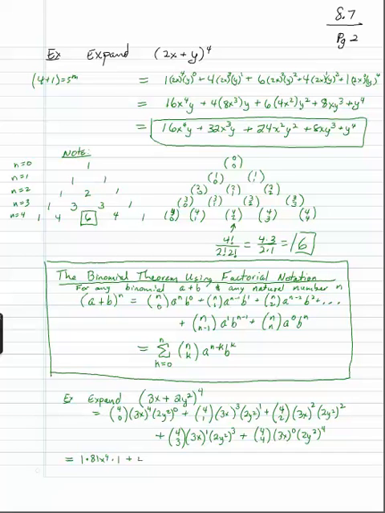4 choose 1 is 4. 3x is in parentheses, so that's 27x to the third times 2y squared. 4 choose 2 is 4 times 3 over 2, which is 6. And then we get 3x squared, that would be 9x squared, 3x in parentheses squared.